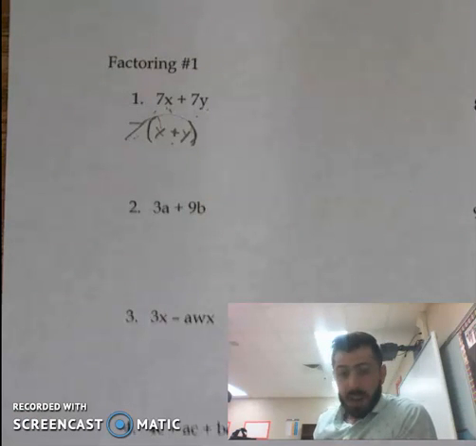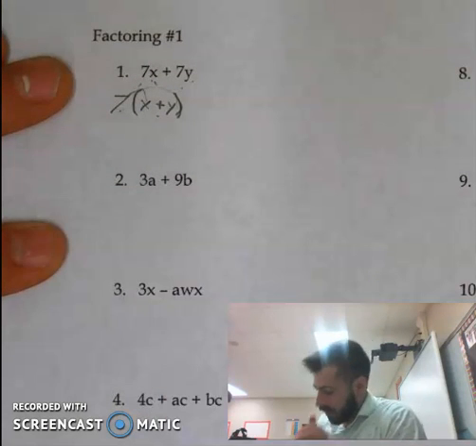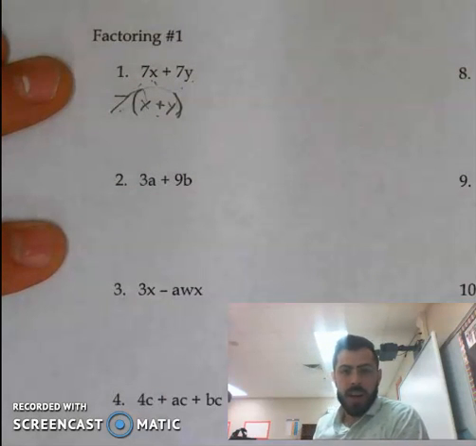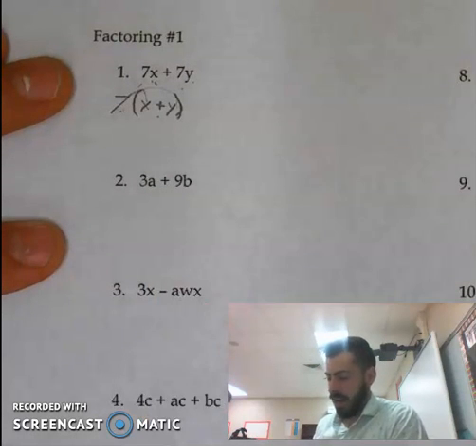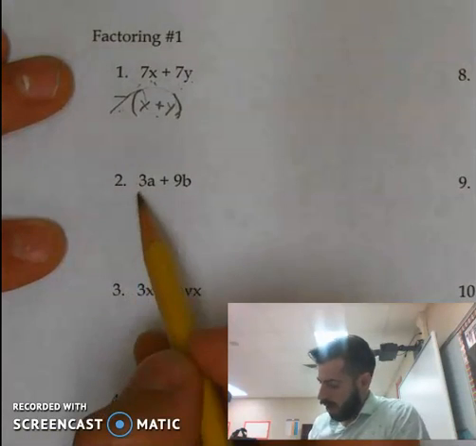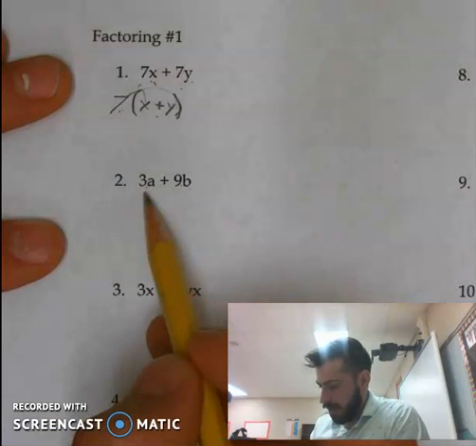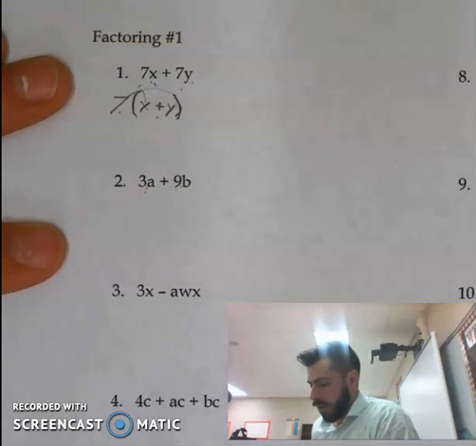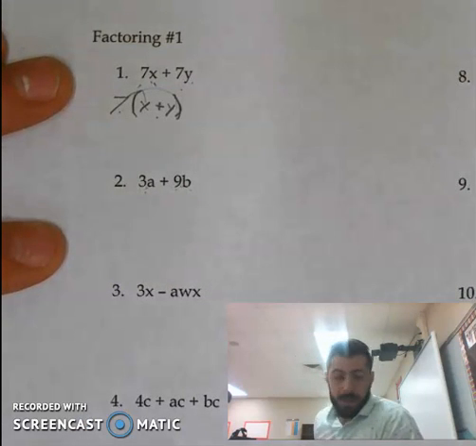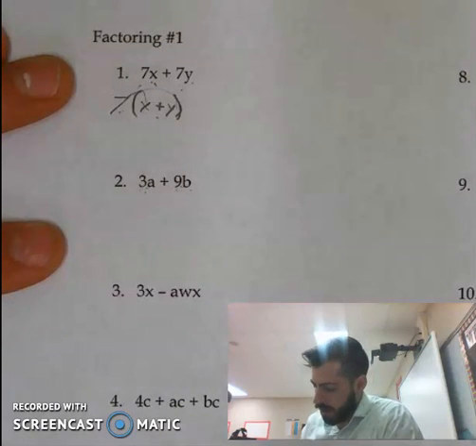So in the second one, I'll scoot this up a bit. The second one, we see 3a plus 9b. So we need the biggest value we can come up with that divides both 3a and 9b. Well, can't divide b by a or a by b, so it probably has something to do with the numbers here. So, all right, well, 3 and 9 are both divisible by 3, so we can factor out a 3.